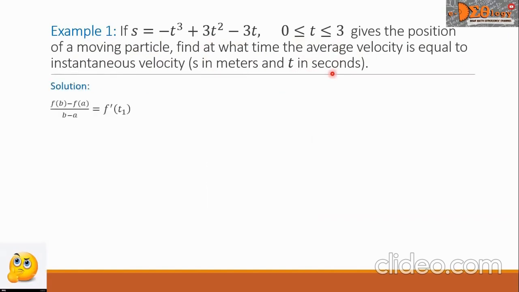For our solution, let us write our formula for the mean value theorem. Now, let us evaluate separately the left side and the right side.